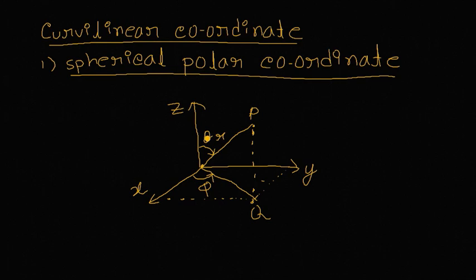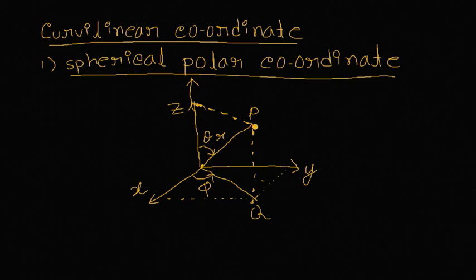So in the case of curvilinear coordinates, we are discussing spherical polar coordinates. To define a point P, we first look for the distance between the origin and that point, which is denoted by r, and the angle that r makes with the z axis, which is denoted by theta.